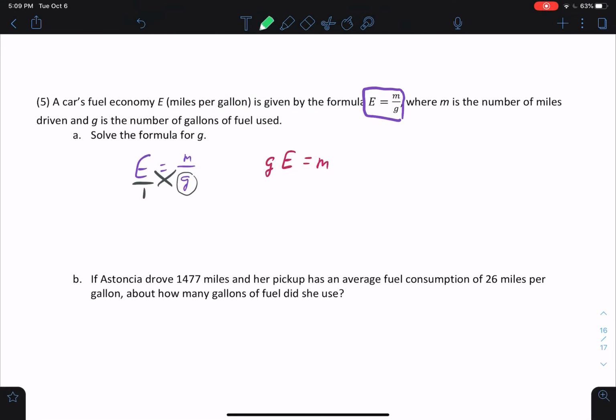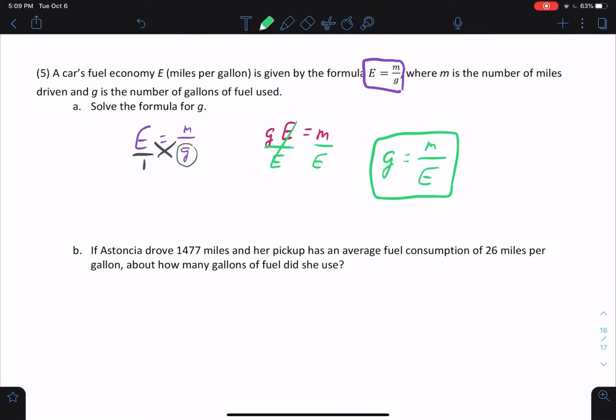So what am I going to do? I'm going to divide both sides by E. So G is going to equal M divided by E. So that is one way that we can get a variable that's in the denominator into the numerator. We can cross multiply if it's a fraction equal to a fraction. So we solve for G.